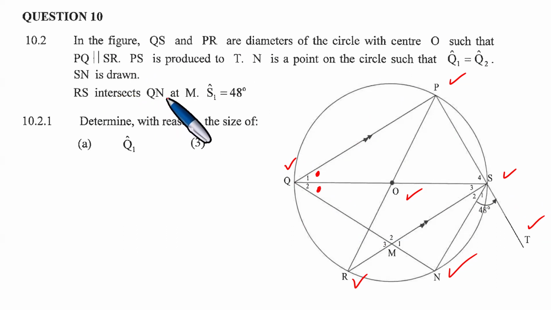RS intersects QN at M. Here is S and here is R. So RS intersects QN at M. Angle S1 is 48 degrees, and there it is. Okay, we are in business now. We sort of understand what is happening. There are two angles that are equal there, Q1 and Q2. Let me leave them marked like that in red.